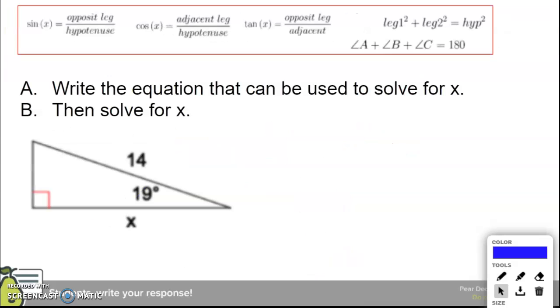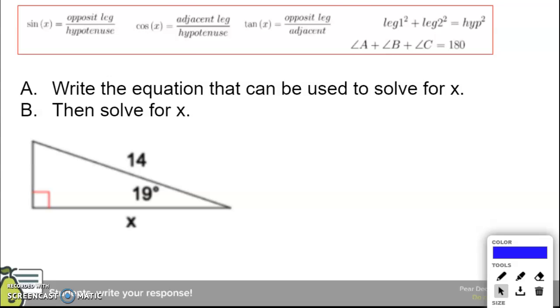Okay, next we have another angle with two side measures, one of which we do not know. So again, when you have an angle measure and two sides, then you're looking at one of the trig ratios. Okay, so this is my reference angle, and this leg is right next to the reference angle.